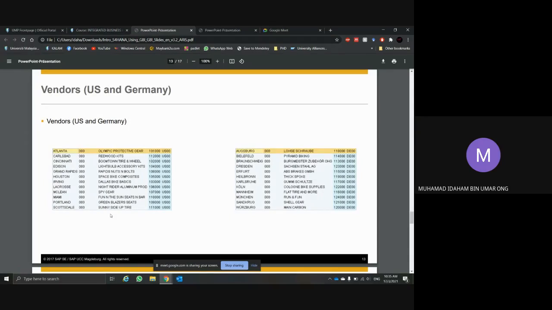Now here is the vendor list. On the right hand side is the German part of GBI's vendors, and on the left hand side are the vendors for the US portion of GBI.